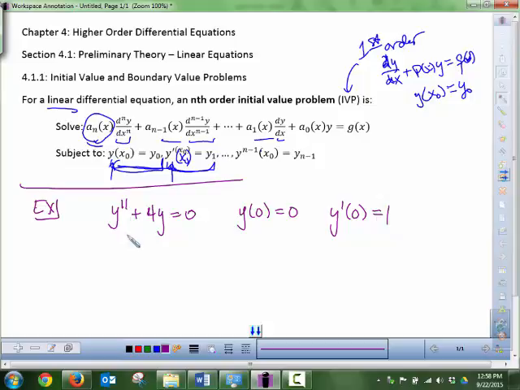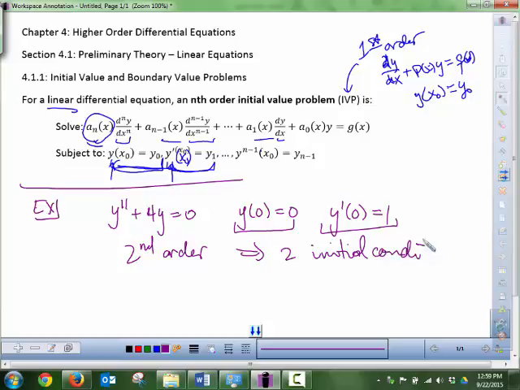So this is a second order differential equation, and if this was going to be an initial value problem, I would need two initial conditions to satisfy my initial value. So that's your IVP for a higher order differential equation.